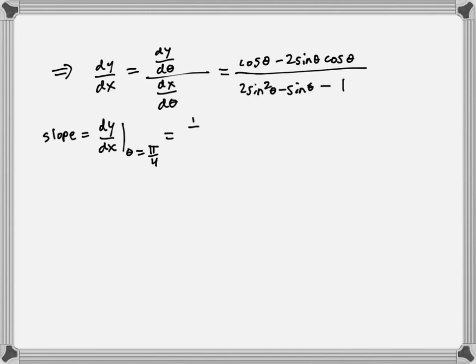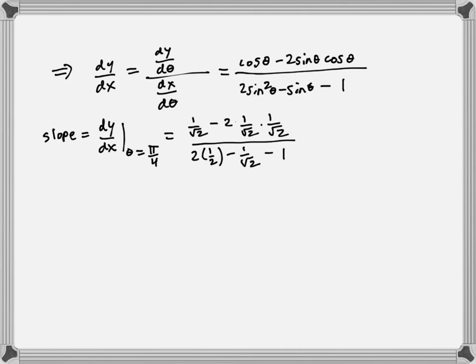We've got 1 over root 2 minus 2 times 1 over root 2 times 1 over root 2, because cosine of that is the same thing, over 2 times sine squared theta. Again, 1 over root 2 squared is a half, minus 1 over root 2 minus 1.